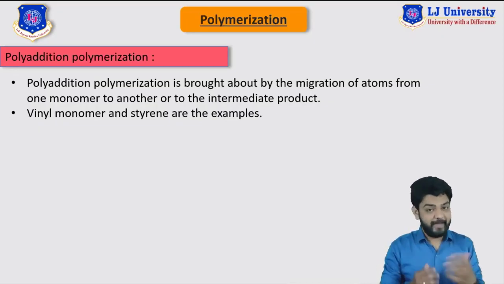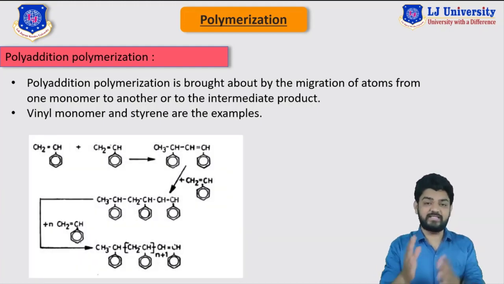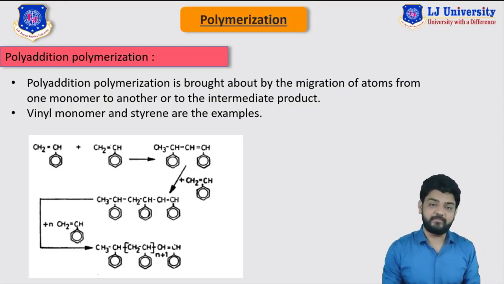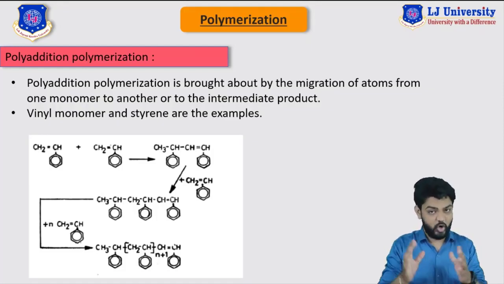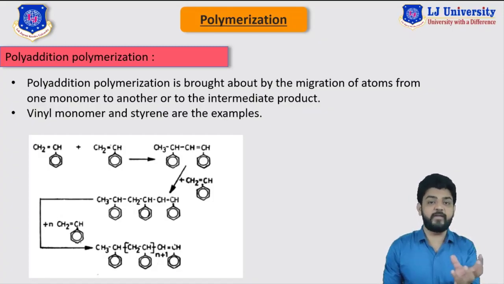So what will happen is a specific atom from one monomer will migrate to another monomer, right? You can see here in this image with the example of styrene, but we will understand this in the upcoming part. All in all, poly addition polymerization is all about migration of one molecule inside another molecule, so that they combine together, join together and form a long chain.